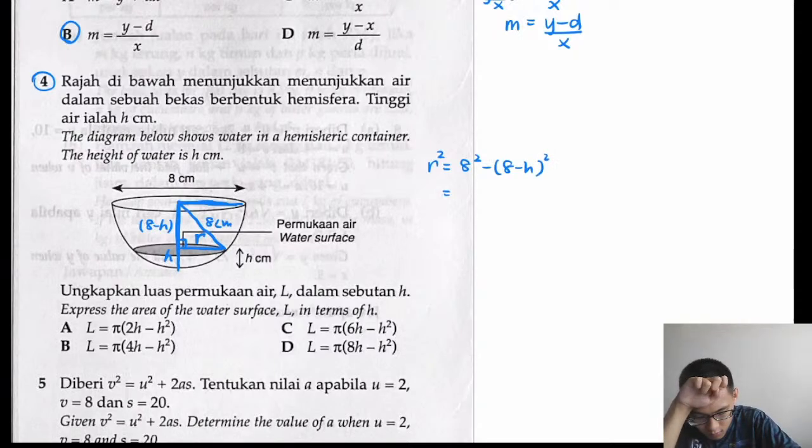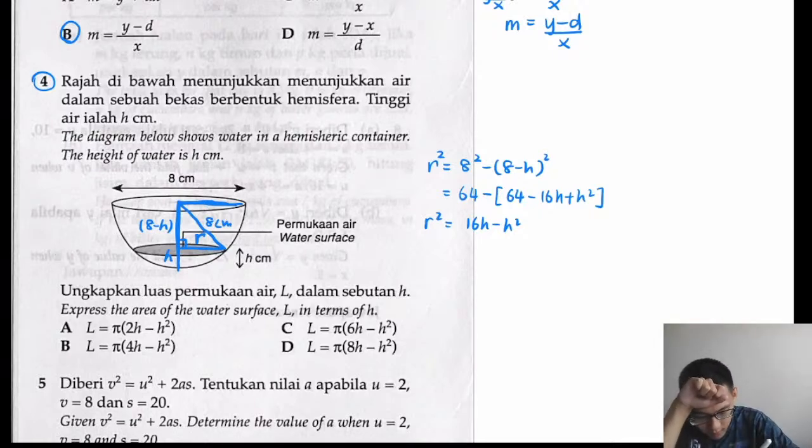So we try to expand: 64 minus 64 minus 16h plus h squared. So now we have 16h minus h squared is r squared.